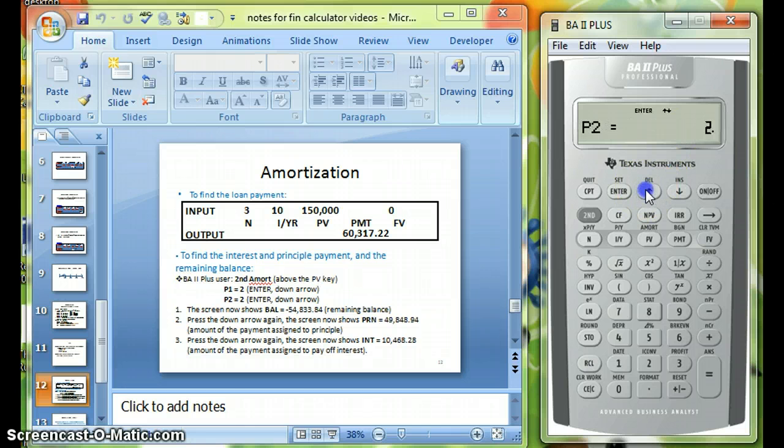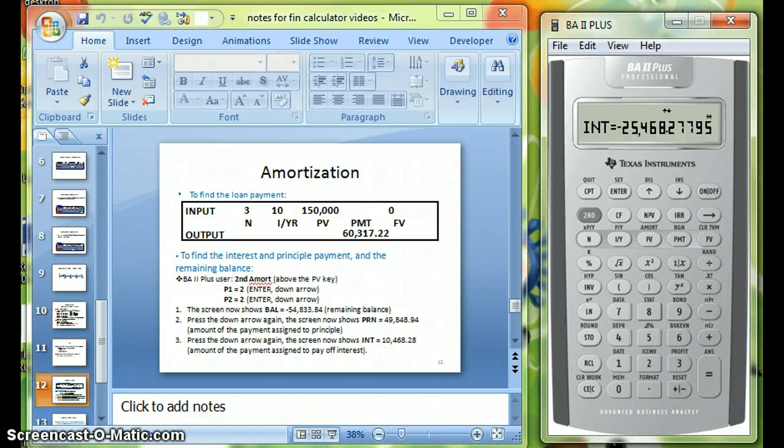Now, if we go back, change P1 to 1 and leave P2 as 2, notice the remaining balance doesn't change, but interest changed. So this is the total interest payment from the first payment to the second payment, a total of 2 payments. Out of the 2 payments, a total of $25,000 is paid as interest.